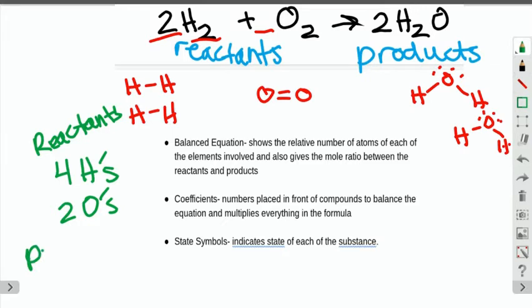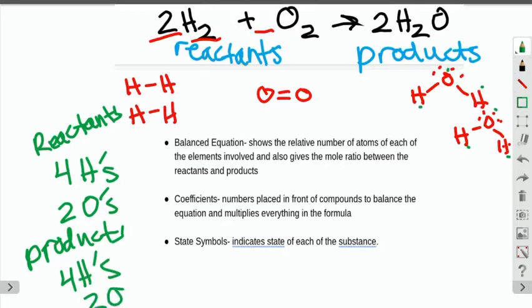If you look at the products, we have 1, 2, 3, 4 hydrogens, 1, 2 oxygens. So this has the same number of atoms on the left and on the right side of the equation.